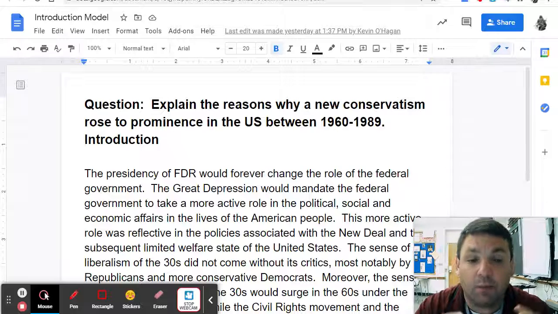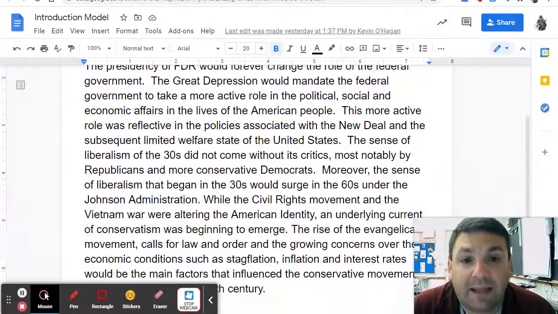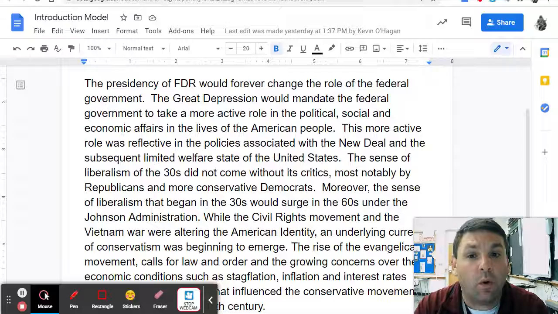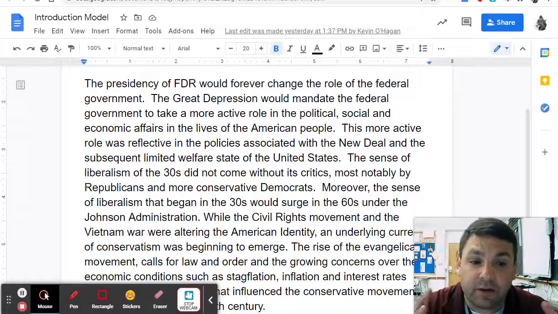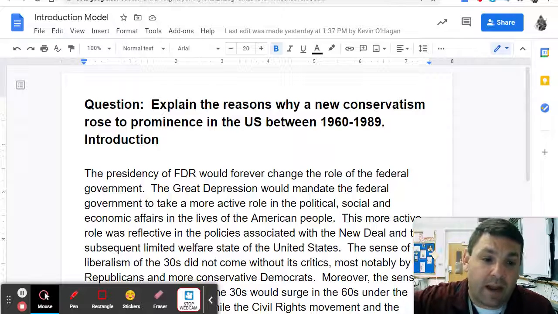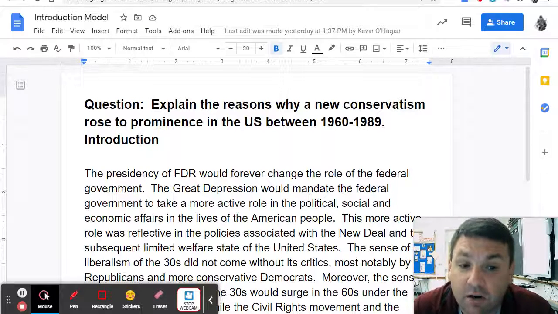It's crunch time here. We're going to put it together and we're going to make a cohesive paragraph. So we always say that we want to go back at least 25 to 50 years, and we're no different here. We're talking about conservatism, so we're starting in 1960. So we're going back prior to 1960, to the FDR administration.